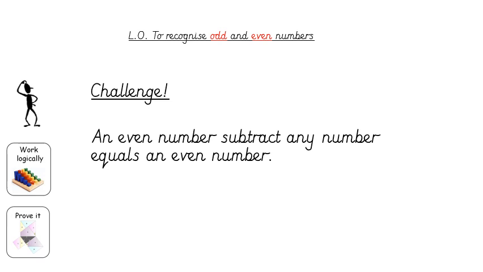So we have got a challenge today. Let's see what our challenge is. An even number, subtract, which means take away, any number equals an even number. So it's saying an even number, take away any number equals an even number.